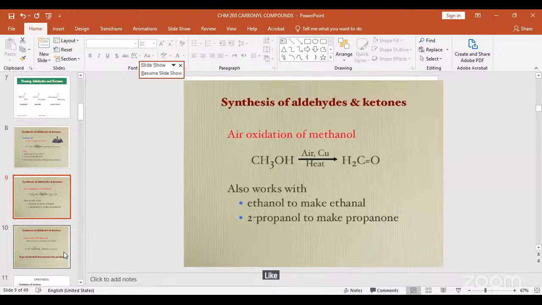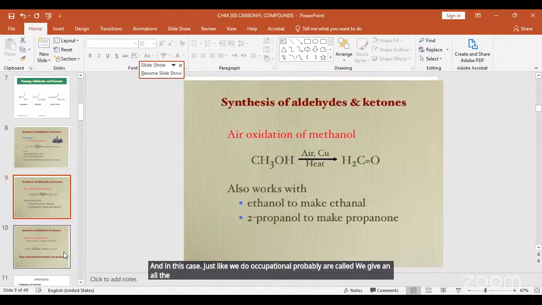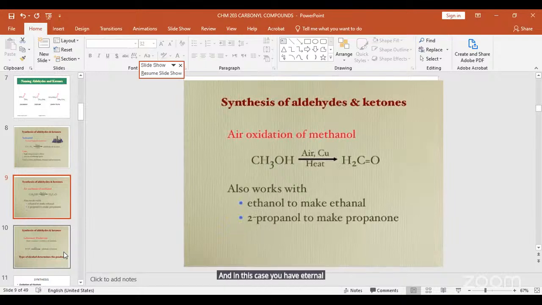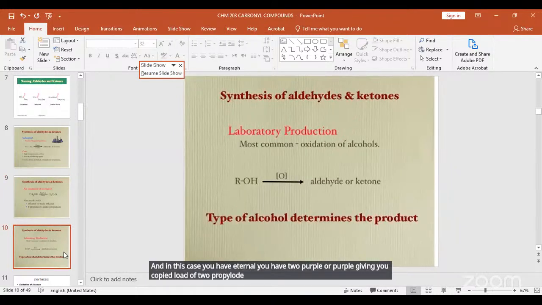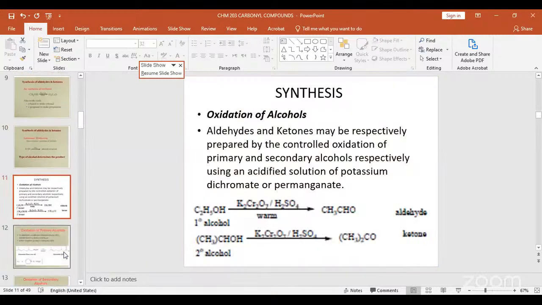Likewise, we have the air oxidation of alcohols. In this case, just like we know, oxidation of a primary alcohol will give an aldehyde, oxidation of a secondary alcohol will give a ketone. So you have ethanol giving you ethanal, and propan-2-ol giving you propanone. There you go.